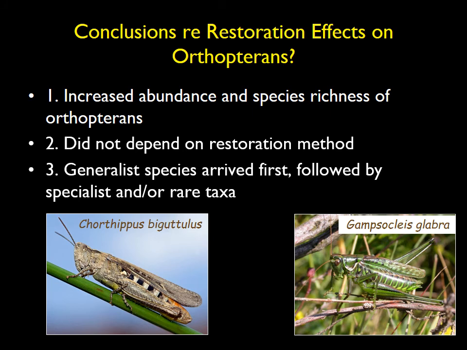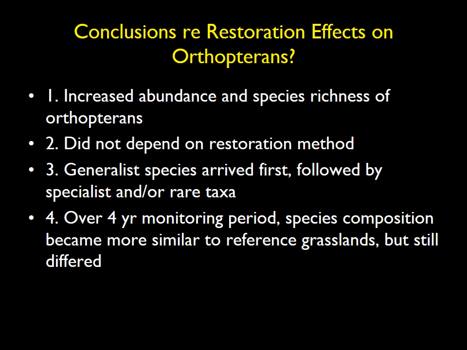And they found that generalist species arrived first, right, as we might expect with succession, followed by specialists and or rare taxa. So then over this 4-year monitoring period, species composition became more similar to reference grasslands, but still differed. So at least over 4 years, that wasn't enough time for the restored grassland to completely resemble the natural one, but it was headed on the right trajectory.